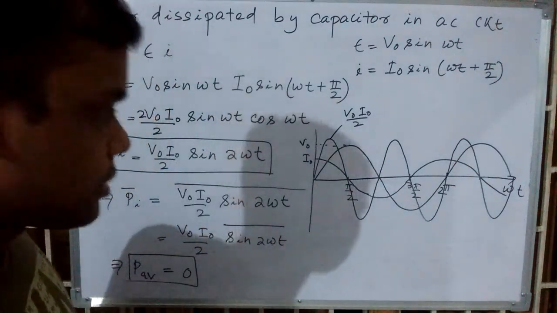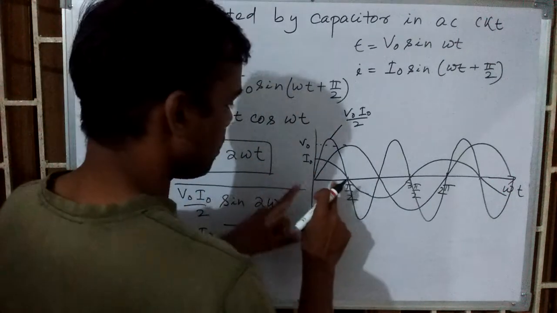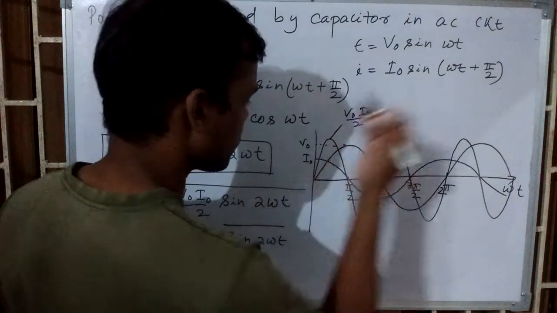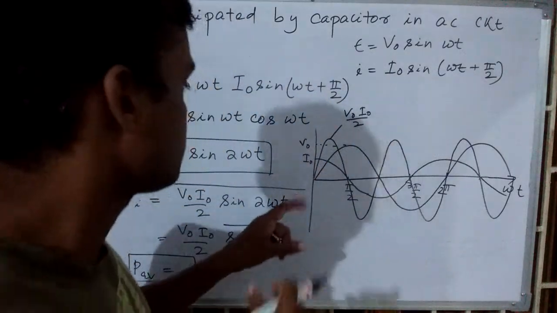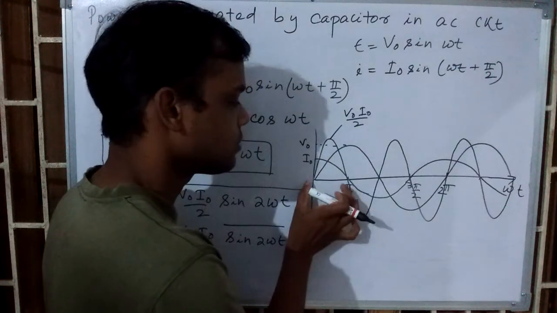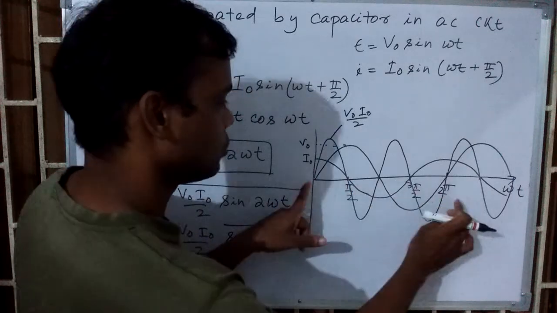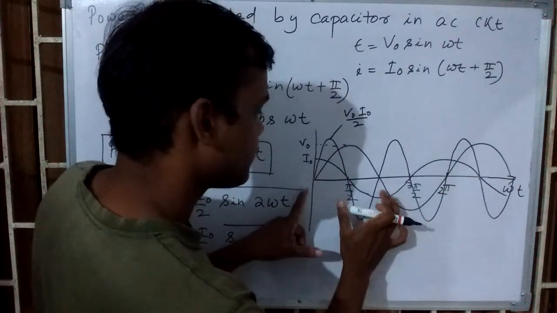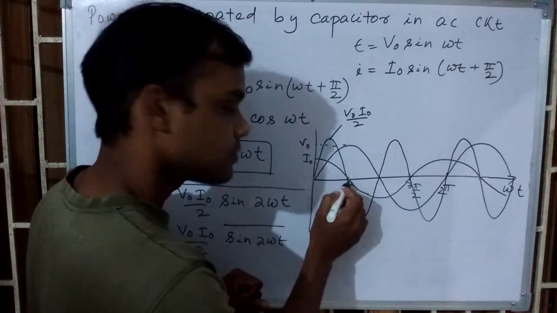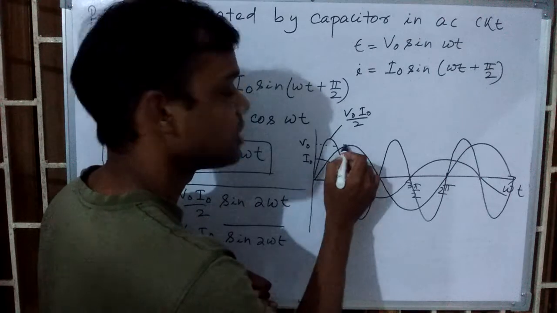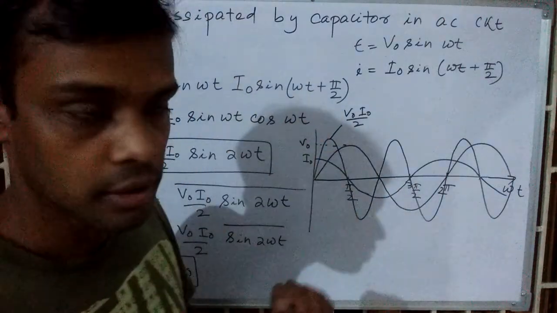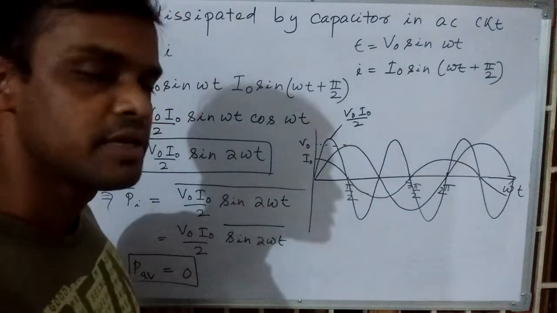Now we have to analyze it. First, let us try to understand. Within this quarter cycle, this is pi by 2, so this is a quarter cycle. Within this quarter cycle, current is positive, voltage is positive, so power is positive, because power is voltage into current. Positive power means dissipation.